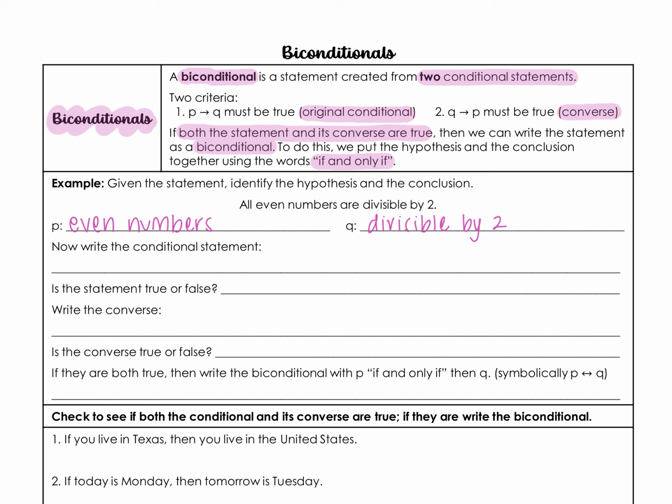Now that we have that, we are going to write the conditional statement. Remember, that's the if-then statement. If it is an even number, then the number is divisible by 2.